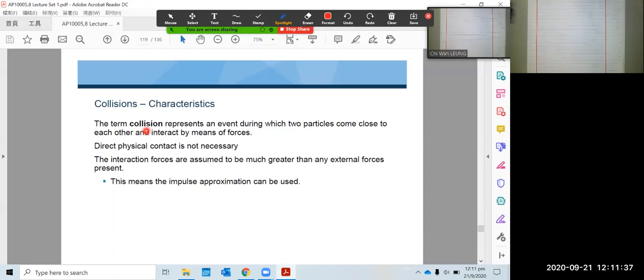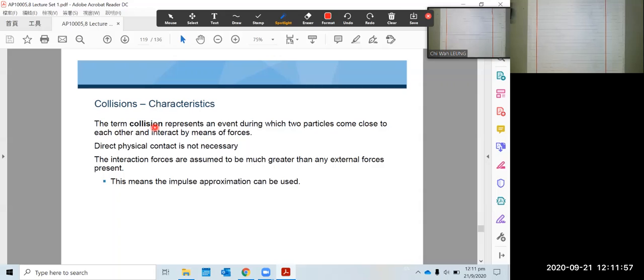If you have a collision of the objects, typically we are considering a very large force associated with the collision. Just like when you have two cars or two plugs hitting on one another, the force between them would be very large.